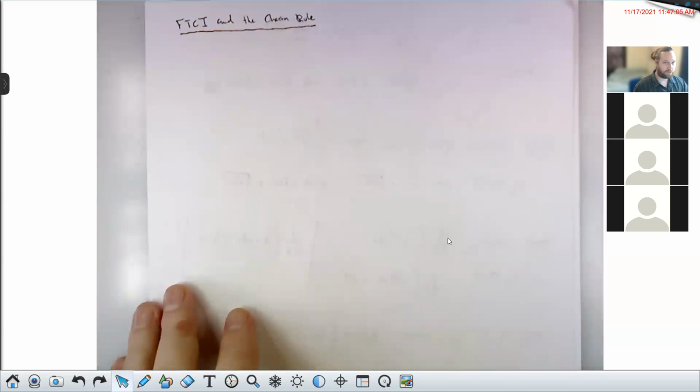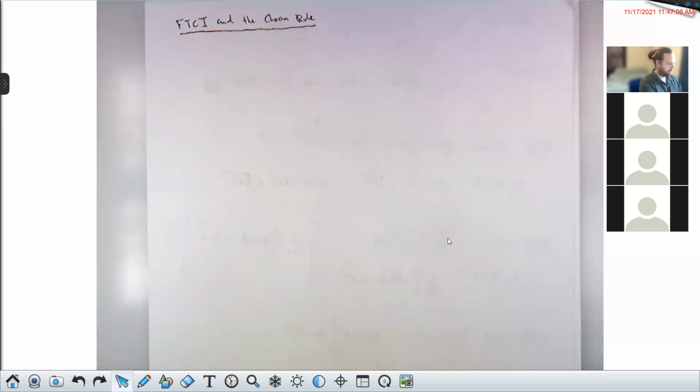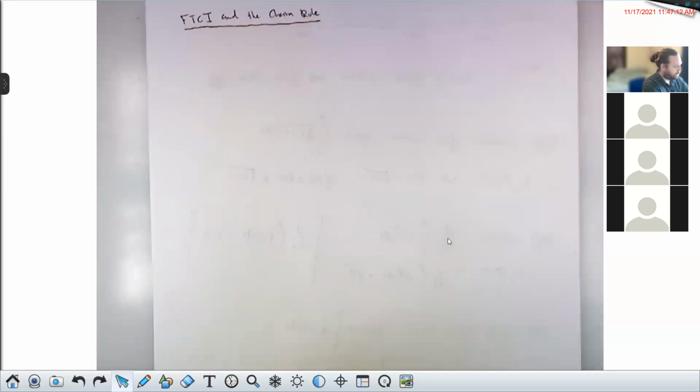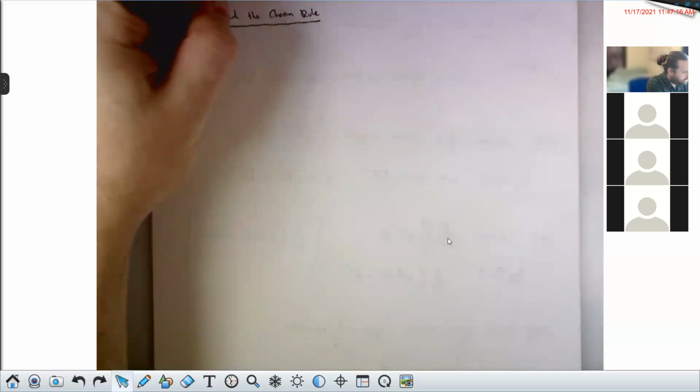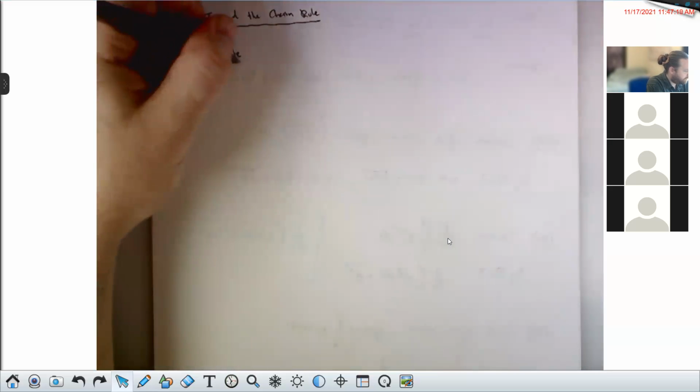All right, let's see how this thing interacts with the chain rule. So remember what the chain rule says. I'm sure you all have plenty of practice using it.